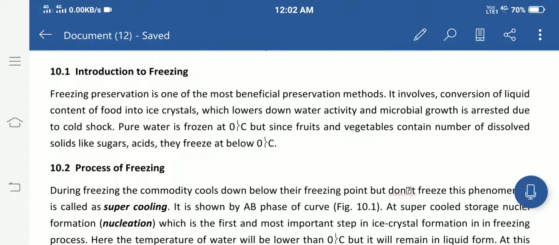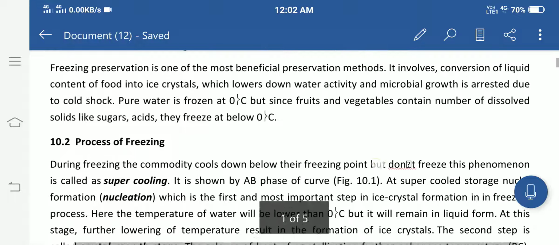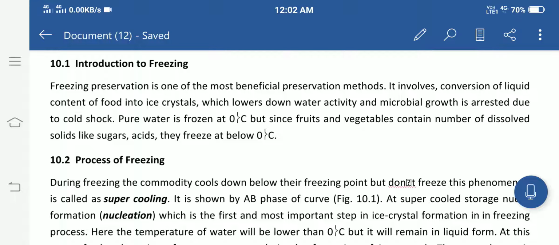So a portion of total water content present in the food is strongly bound to specific sites and does not act as a solvent.